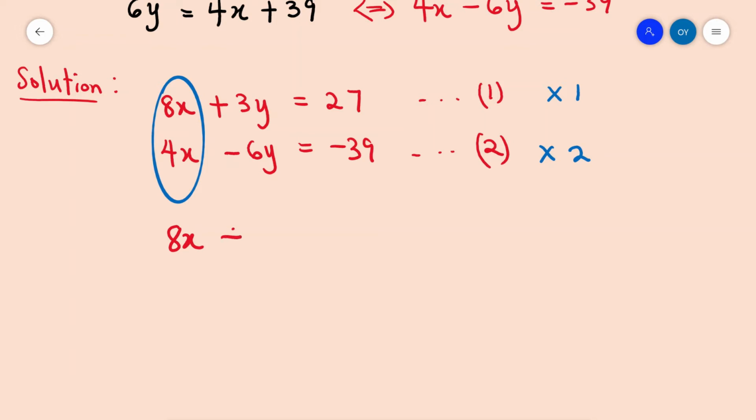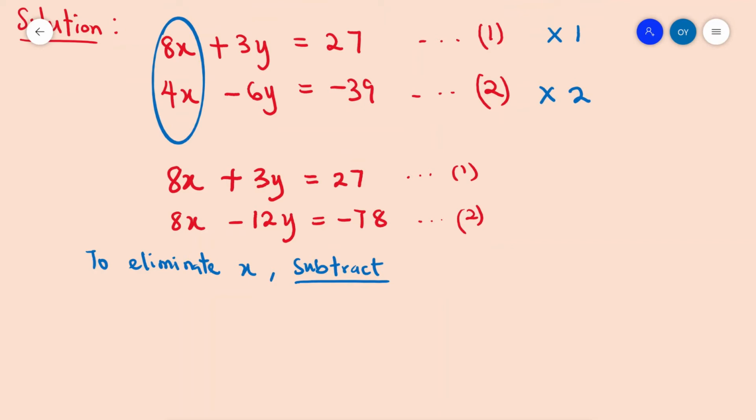Now equation 1 remains the same, and that is 8x plus 3y equal 27, because we have only multiplied by 1. And equation 2 becomes 8x minus 12y equal negative 78, because we have multiplied each of the variables there by 2. So this becomes our equation 1 and equation 2.